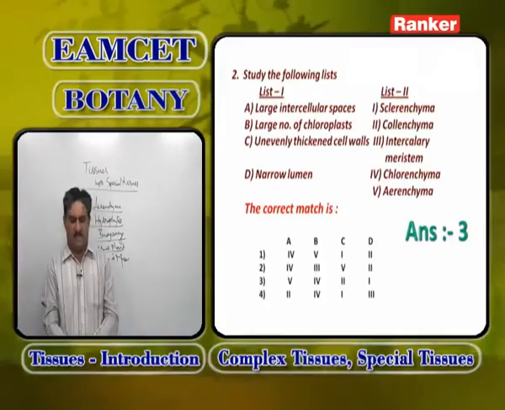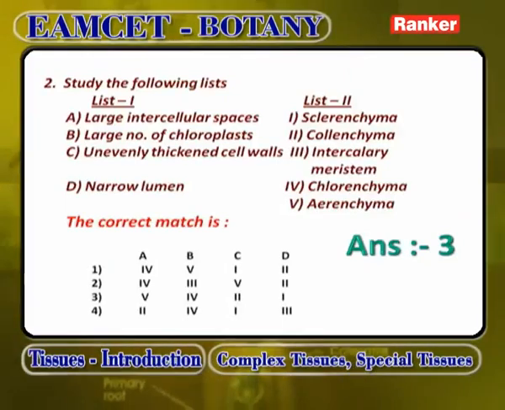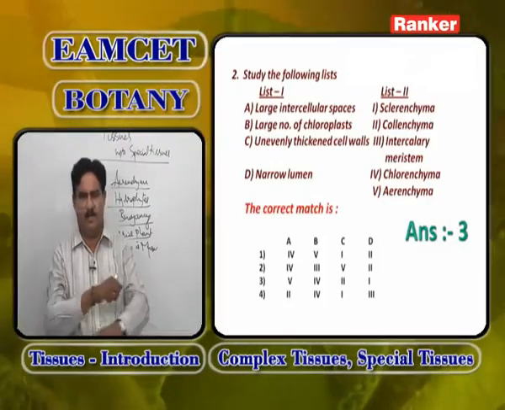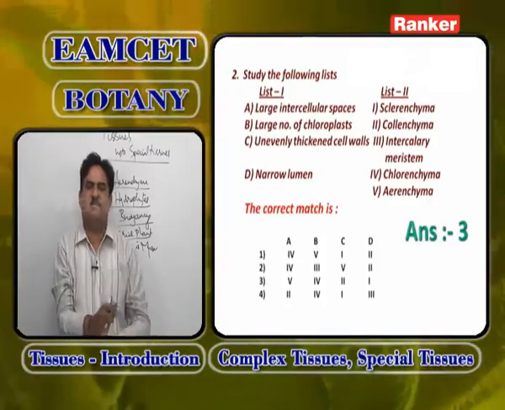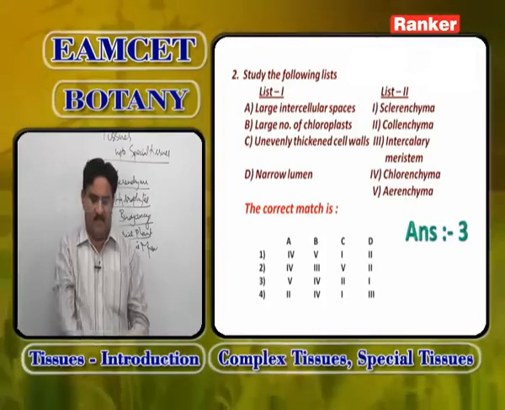Then unevenly thickened cell walls. This is the best and very important identification character of collenchyma. Angular, lamellar or lacunar collenchyma are all identified by the presence of unevenly thickened walls.